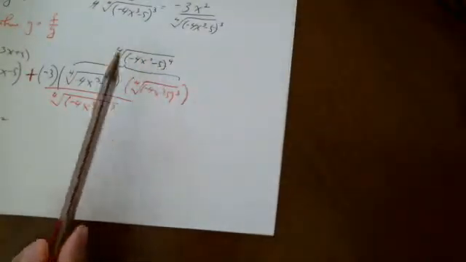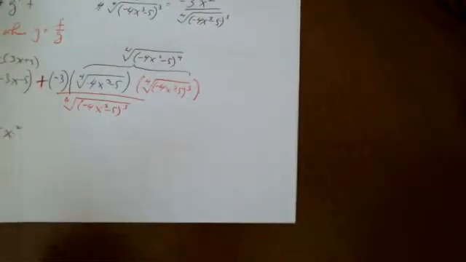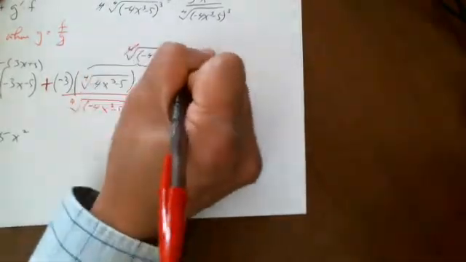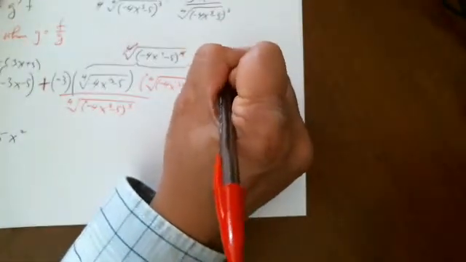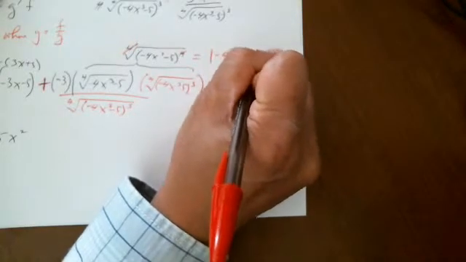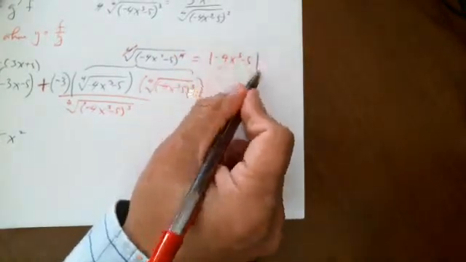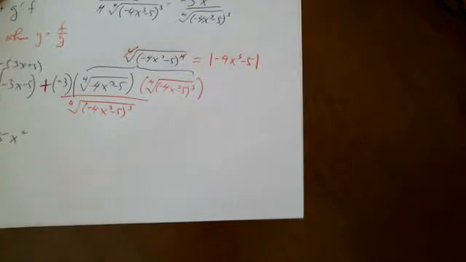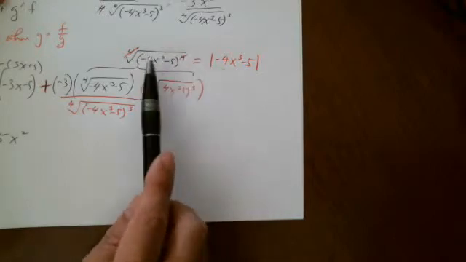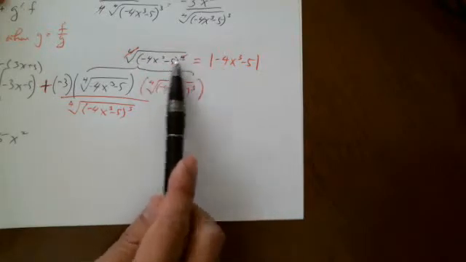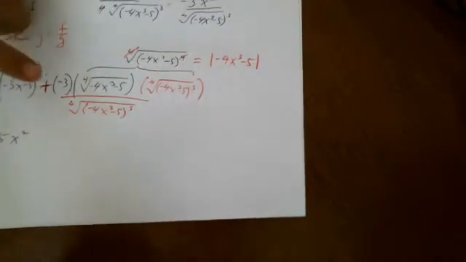When you have a fourth power, what literally happens, the solution manual is wrong, by the way, on this one. When you cancel this out, that becomes the absolute value of negative 4x cubed minus 5. You have to put the absolute value when the index is an even power. So the answer that the teacher gave you was actually wrong on this.